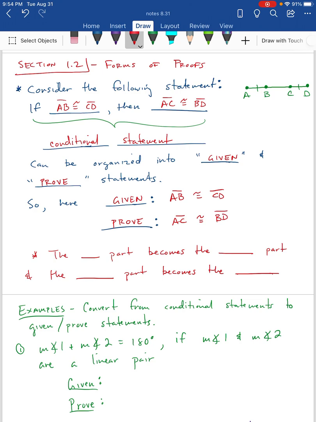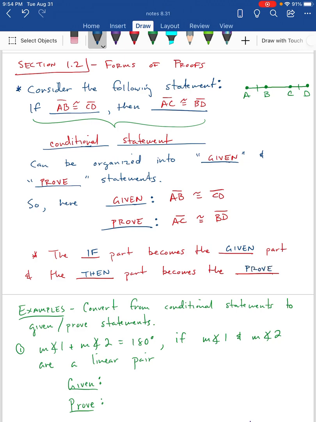Okay, so to turn a conditional statement into a given-prove statement, the if part of a conditional statement becomes the given part of a given-prove statement, and the then part becomes the prove.